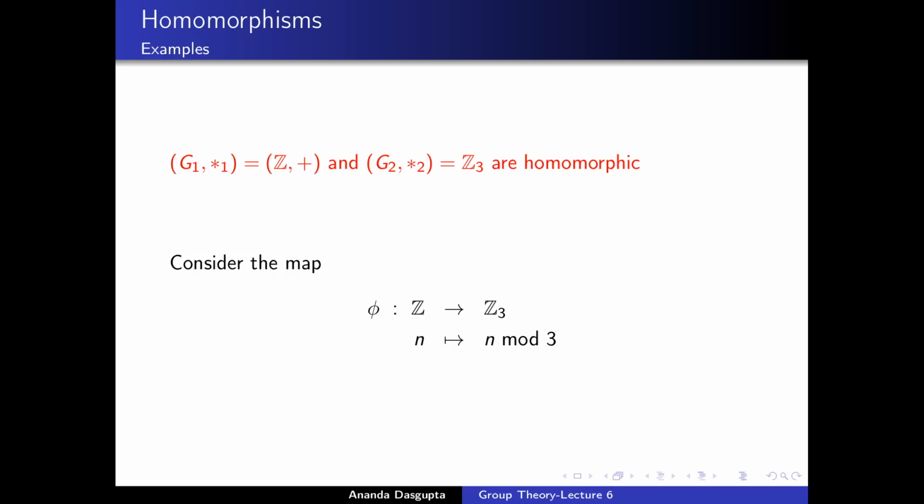So let us consider this simple map phi, which maps Z to Z3, and where it takes an integer n, a member of the group Z, to the value n mod 3, which is simply the remainder you get when you divide n by 3.